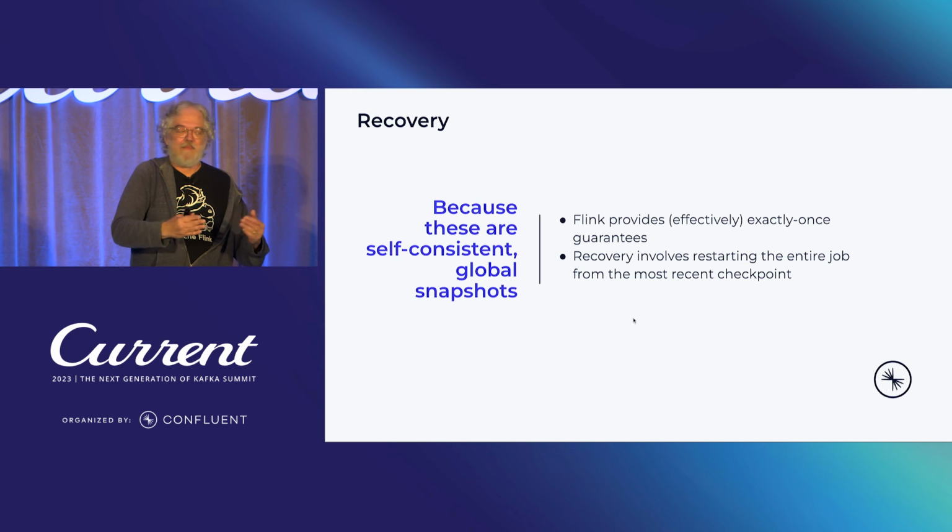And so obviously some data will be re-ingested and reprocessed, but it's as though that hadn't happened, because you rolled back everyone together in a coordinated way. But that also means that you have to restart every player in this system. If you've got a parallelism of 1,000, most likely the whole cluster is going to have to roll back to the most recent checkpoint and start from there.